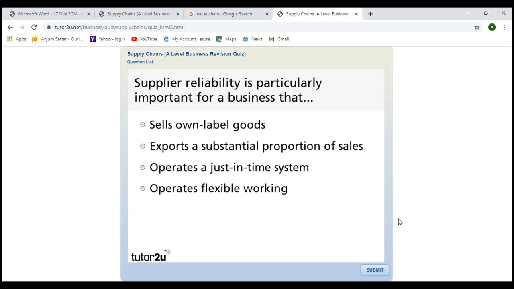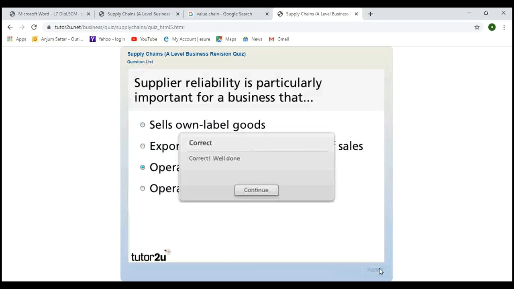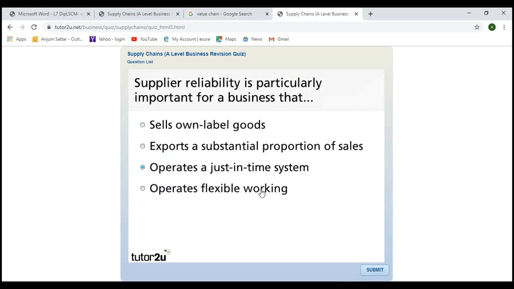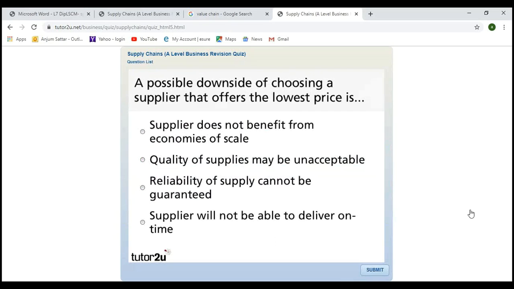So let's see, supplier reliability is particularly important for a business that operates a just-in-time system. Correct, good, well done. What about a possible downside of choosing a supplier that offers the lowest price?